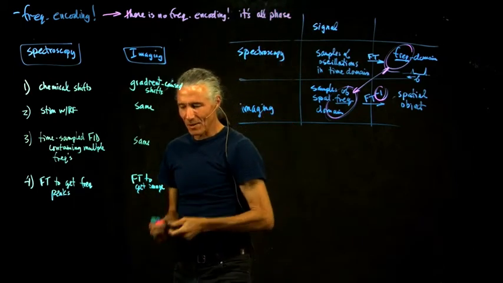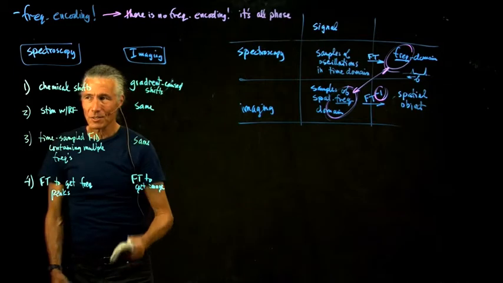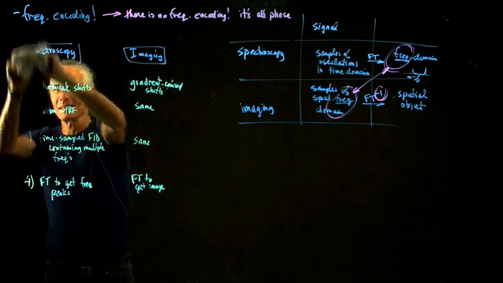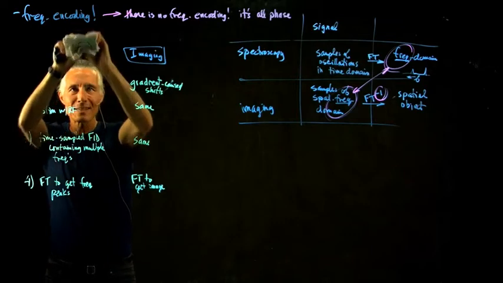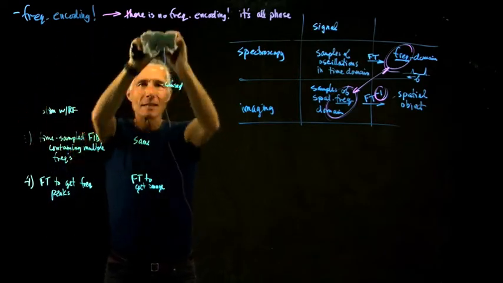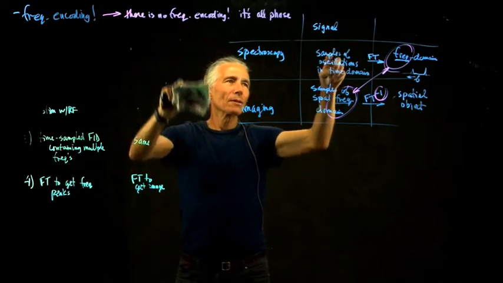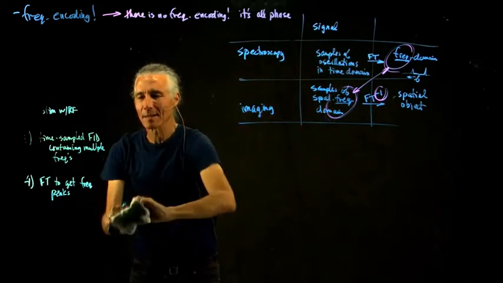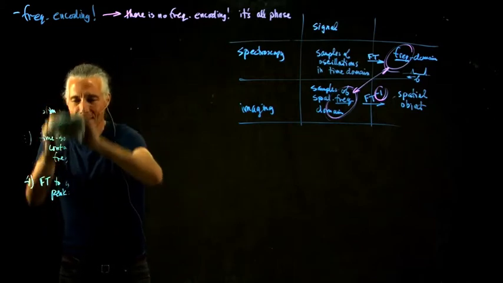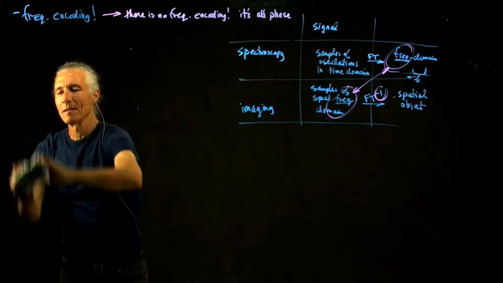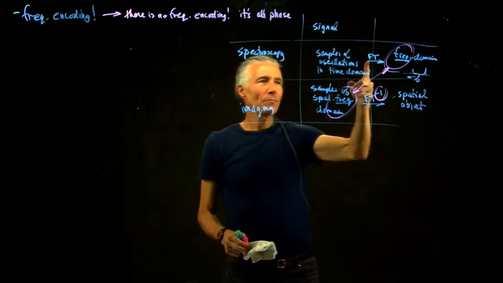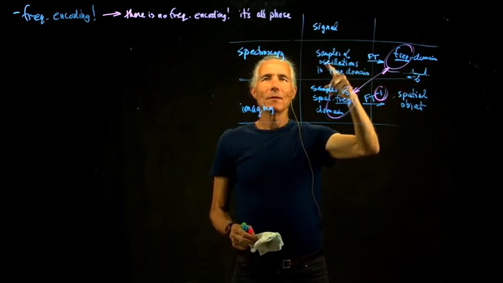It's all phase. So let's just do frequency encoding as phase encoding to get a concrete picture of what we're actually doing to the brain and why it has nothing to do with unmixing a bunch of signals that are at different frequencies mixed together, like what we're doing when we get a spectrum from spectroscopy.